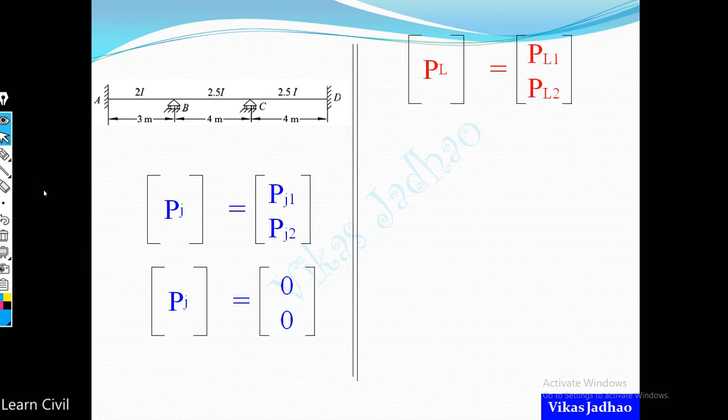Now we have to find out the PL matrix. The PL matrix is the sum of fixed end moments at a particular joint.